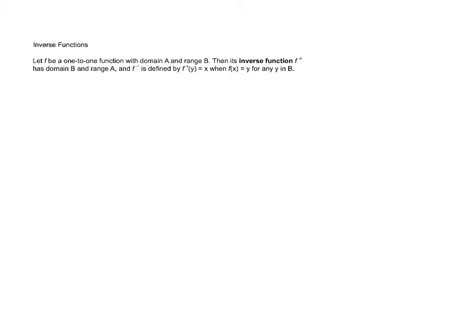Let me give you a diagram of what's going on here. Let's suppose that we have a function, and the domain of that function is A. So the domain is A, and then the range is B. So if we have a function f, and f takes the number x in A and sends it to the number y in B, then f inverse is defined by saying f inverse of y equals x.